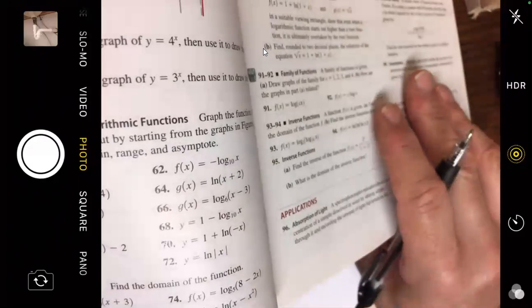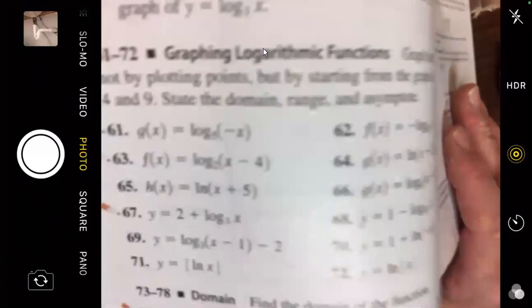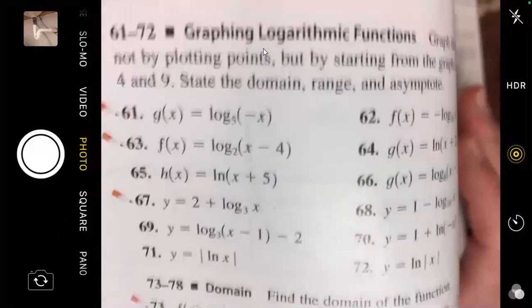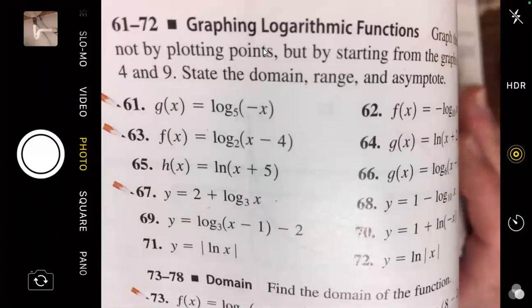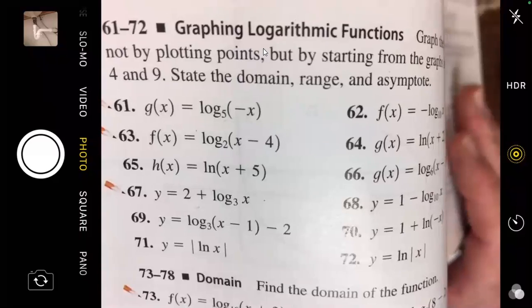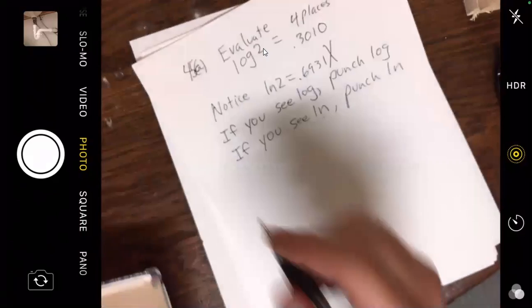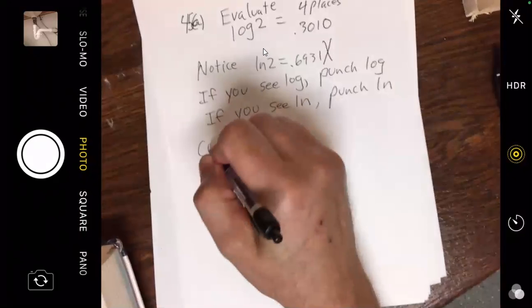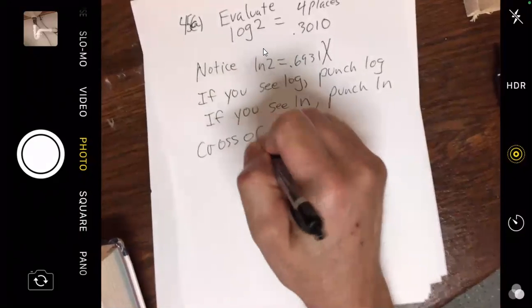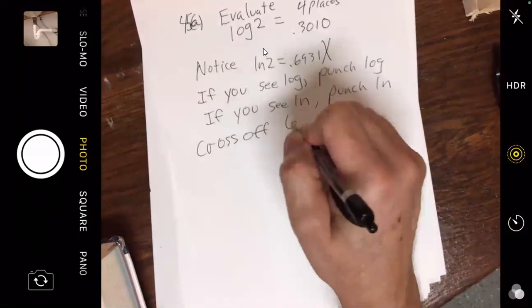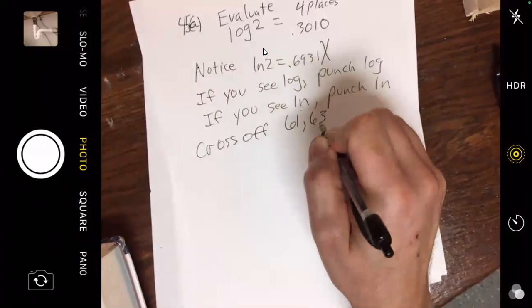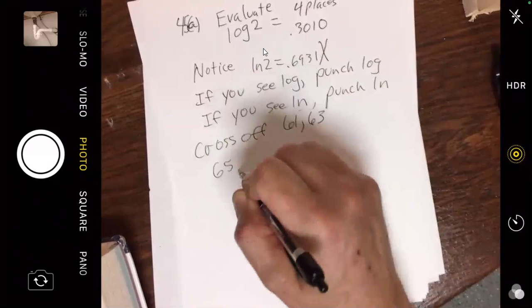You can't enter log base 6, so I don't know why they throw that in, but it's an even one anyway, so we won't mess with it. I shouldn't have thrown in 61, log base 5 and log base 2. We'll do 65. If you're watching this, you can cross off 61 and 63.